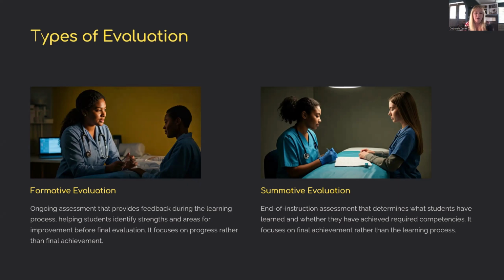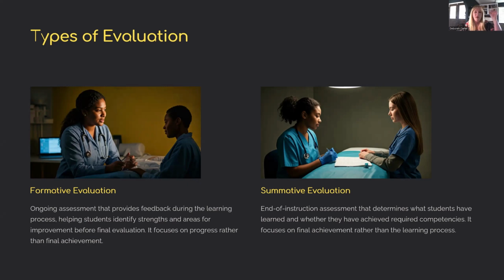Summative assessment is end of instructional assessment, and it determines what the students have learned and if they have achieved their competencies. It's the final assessment. So for example, the final at the end of the class would be summative. ATI in general, the whole ATI at the end of the semester, that's summative.